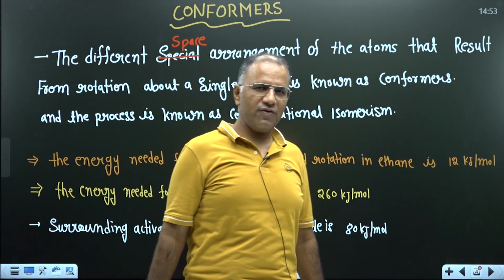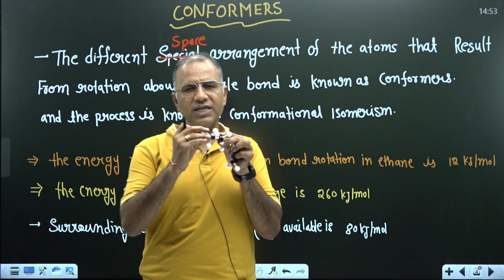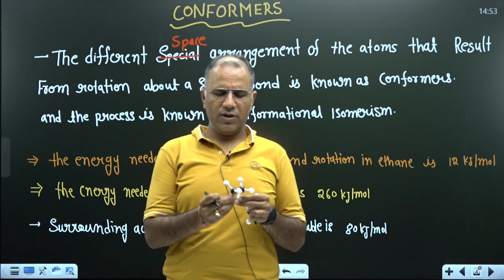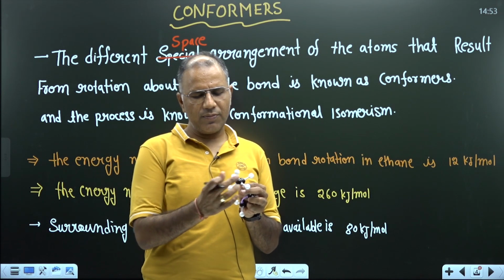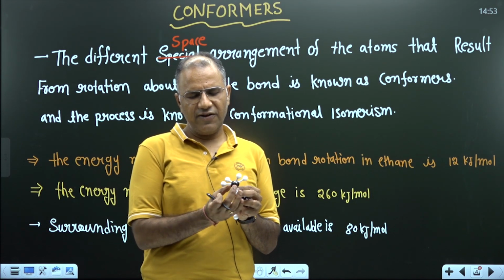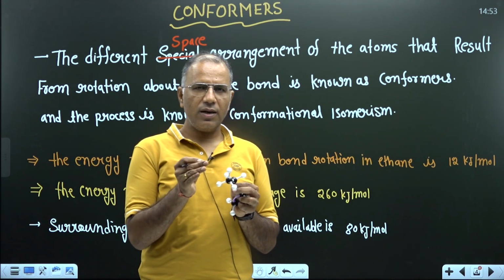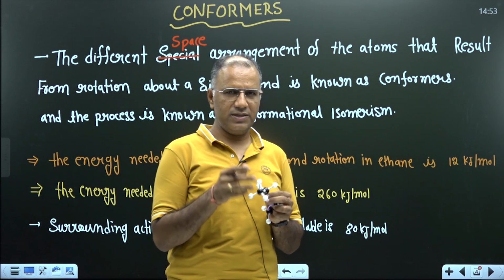Now what is the meaning of conformer? Conformer means isomer formed by rotation across a sigma bond. For example, this is an ethane molecule. If I rotate this carbon-carbon bond, these different forms are known as conformers. So an isomer formed by rotation across a single bond is known as a conformer.